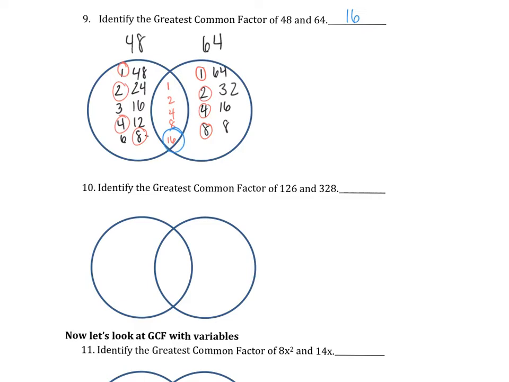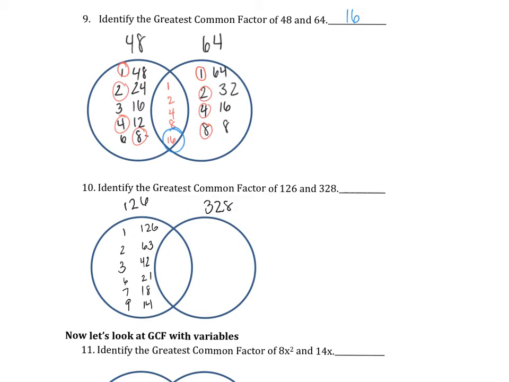So I'm going to put my numbers at top, so 126 and 328. And then I'm going to go ahead and list the factors, okay, because you did this one on your own, so you should just be checking. 1 times 126, 2 times 63, 3 times 42, 6 times 21, 7 times 18, and 9 times 14.